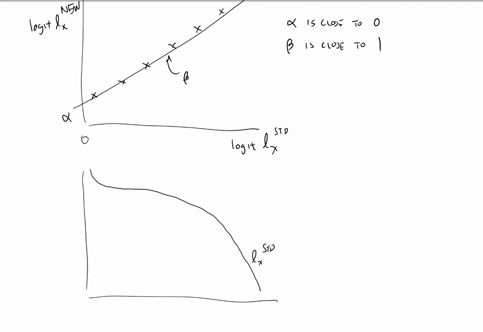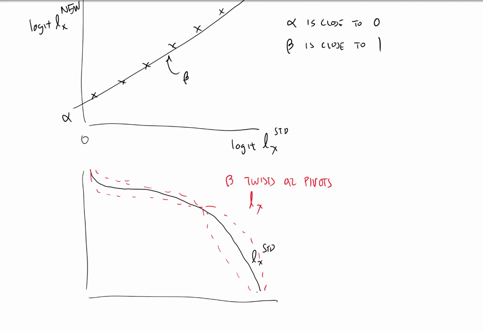Let's see. What happens is that beta twists or pivots around this point here. So beta twists or pivots lx.